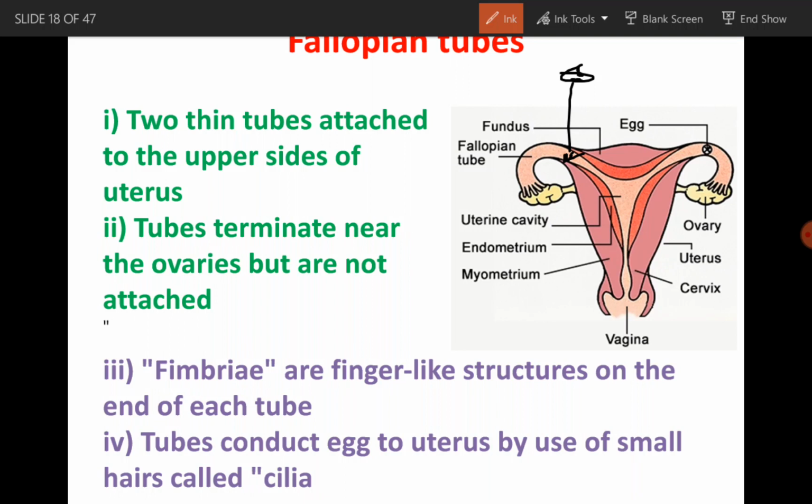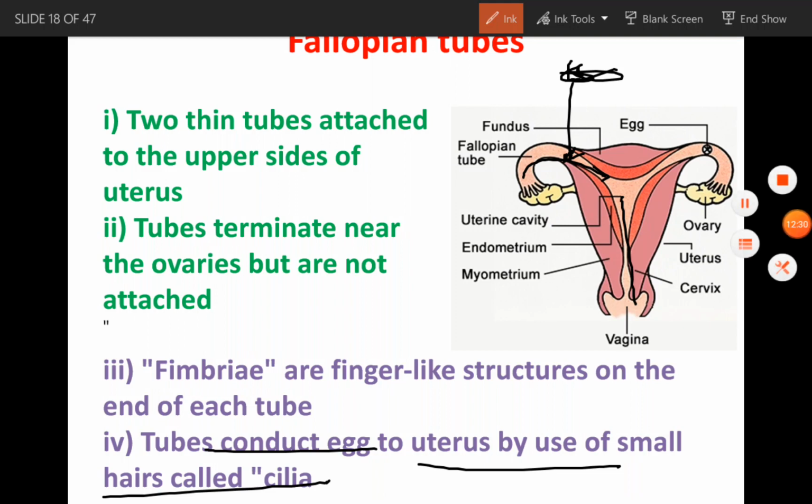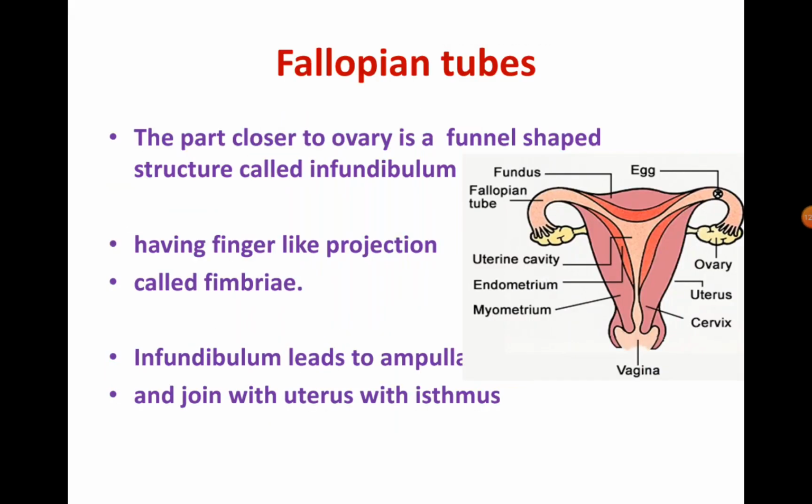Many a time this question was asked: write the name of the part of the fallopian tube where the process of fertilization takes place. It is the ampullary-isthmic junction, the end of the ampulla and the start of the isthmus, the particular point where the egg, after ovulation, waits for the sperms and gets fertilized. The tubes conduct eggs to the uterus with the help of small hairs like cilia.